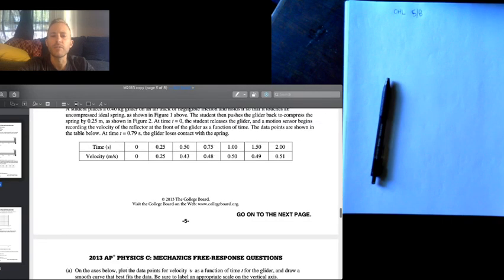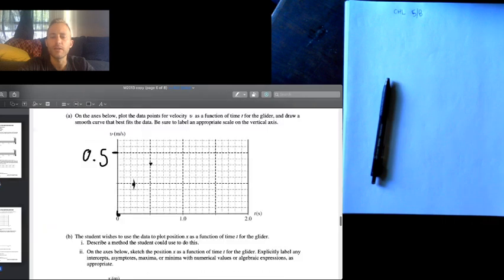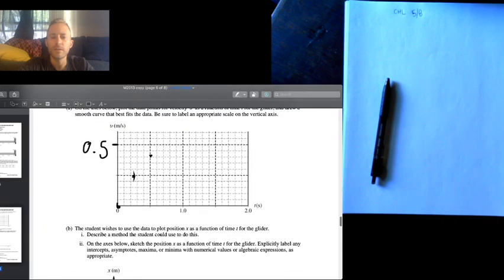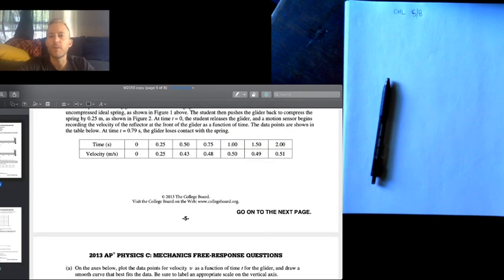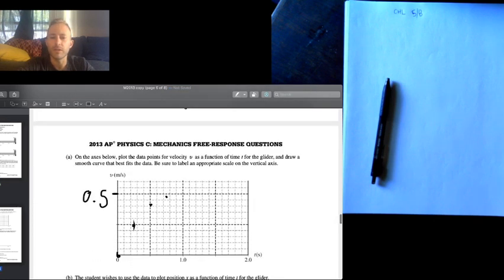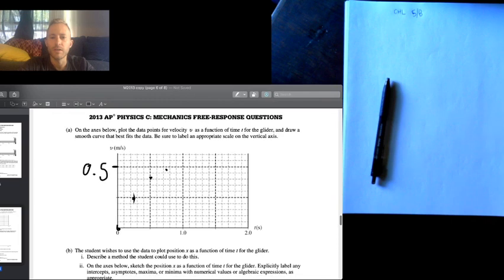Then we have 0.75, 0.48, right here roughly. And then we have 1, 1.5, and 2 are all at around the same value. So it looks something like this.